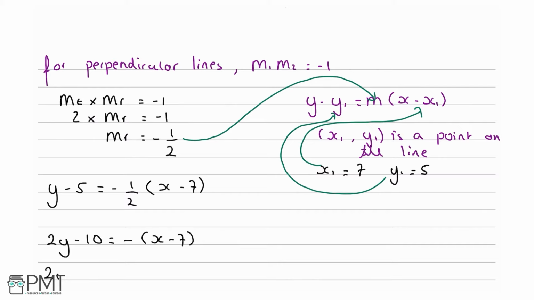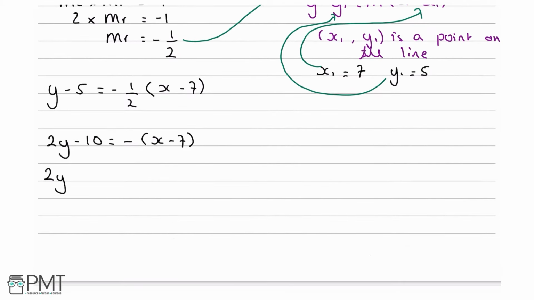So we have 2y minus 10 equals minus x plus 7. And this means 2y, we're going to bring this x to the other side. So we're going to have 2y plus x equals, and then this minus 10, we're going to move it to the other side to get positive 10. So positive 10 plus 7 equals 17.